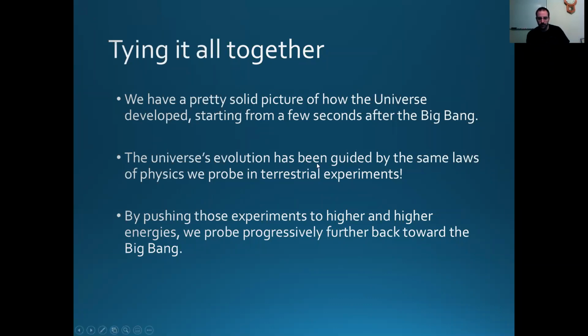We know that the universe's evolution has been guided by the very same laws of physics that we can propose in terrestrial experiments. Or another way to say it is we have physics at large scales and physics at small scales. And if we push our experiments to higher and higher energies, we're going to probe further and further back toward the Big Bang, and also to where large-scale physics and small-scale physics ultimately meet.